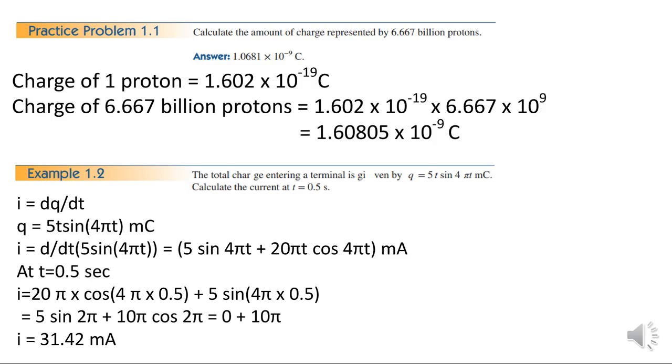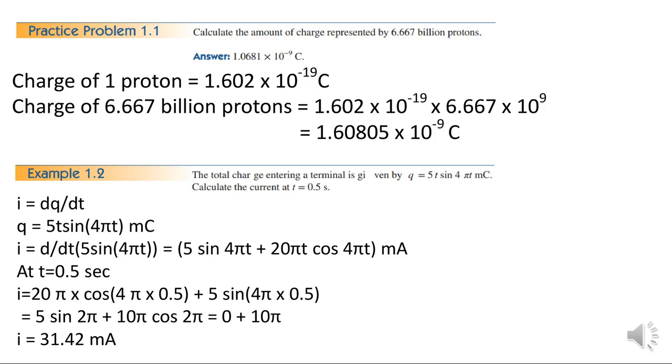We know that i = dq/dt. Since we were given a function, we use the equation i = dq/dt, and we see that there are two terms of t in the given equation.